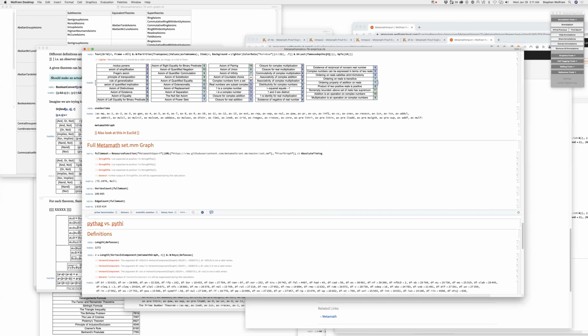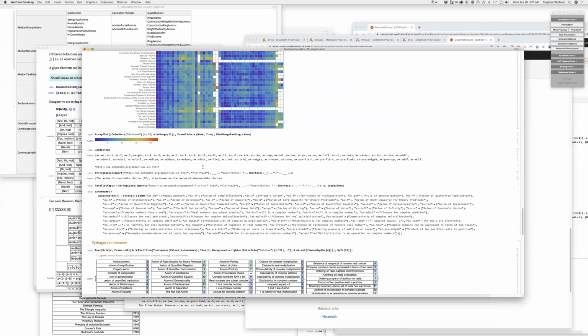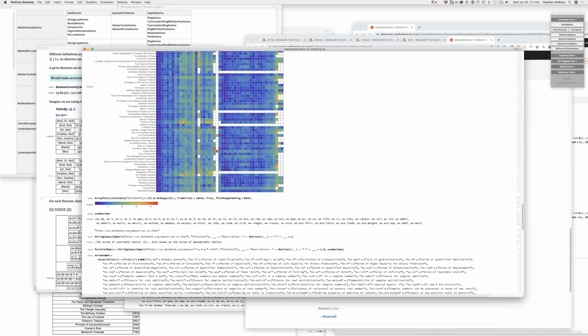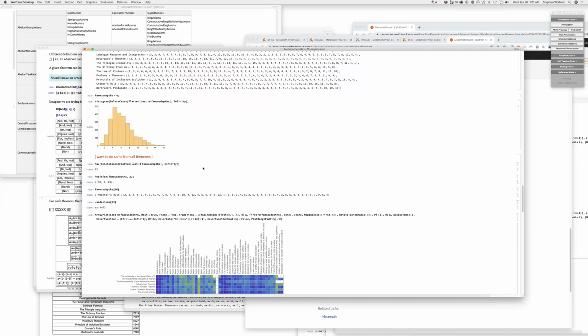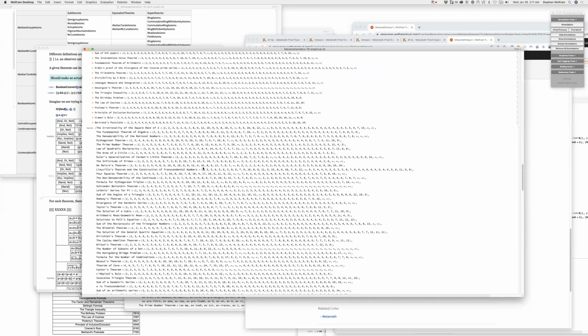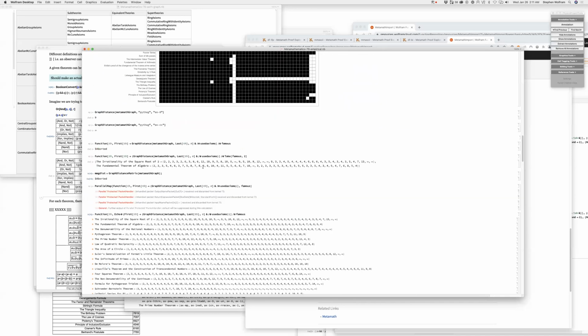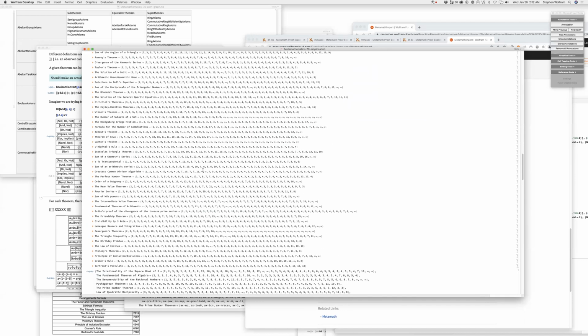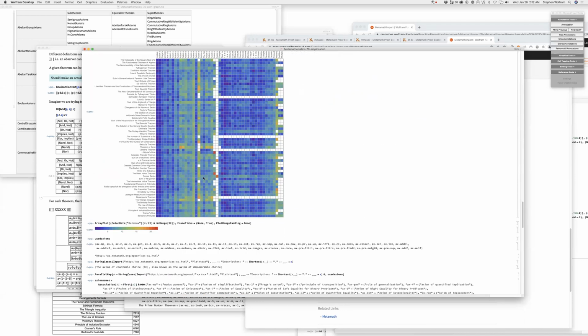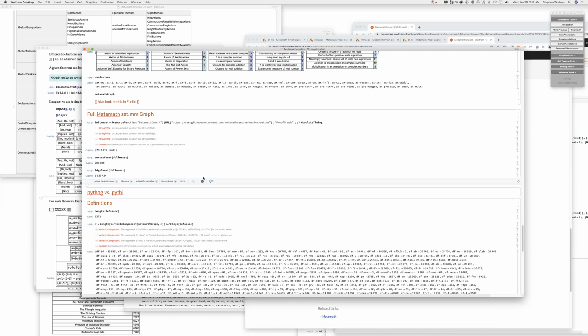Okay, well, let's just see whether our previous calculation of the things that have zero vertex out component, right? That should be the axioms that have zero vertex out component. Is that true?